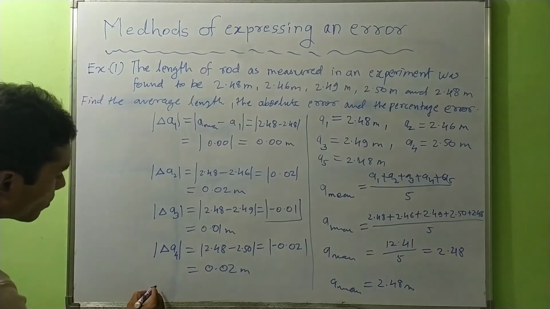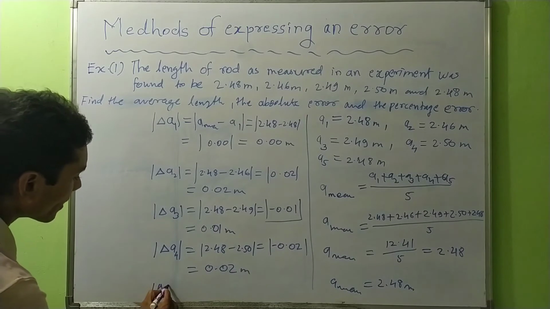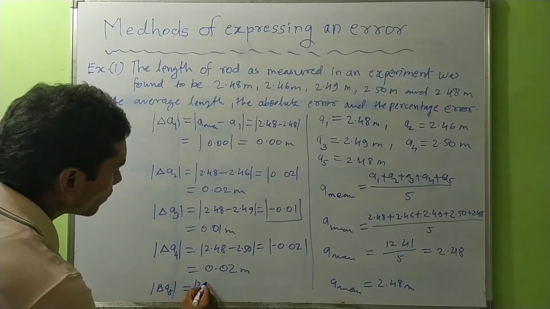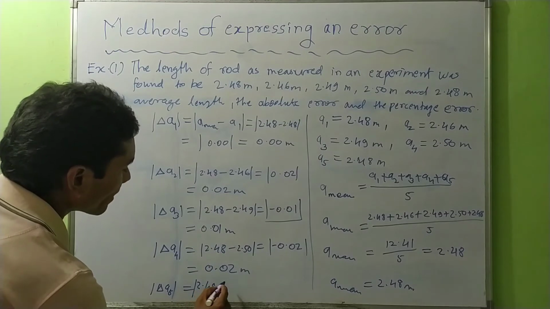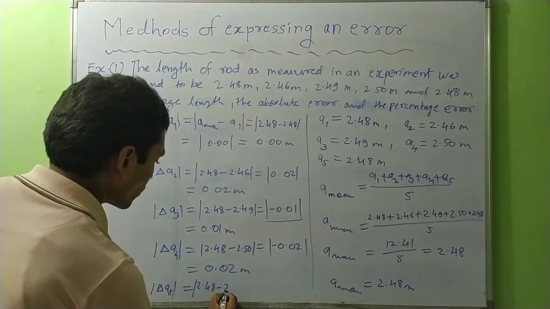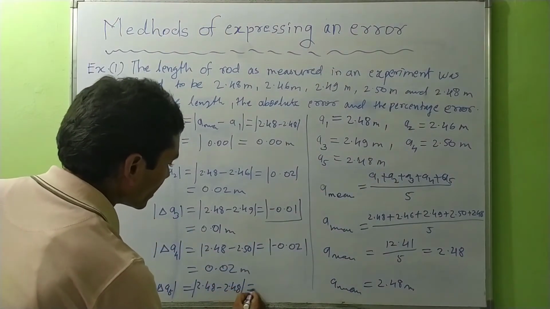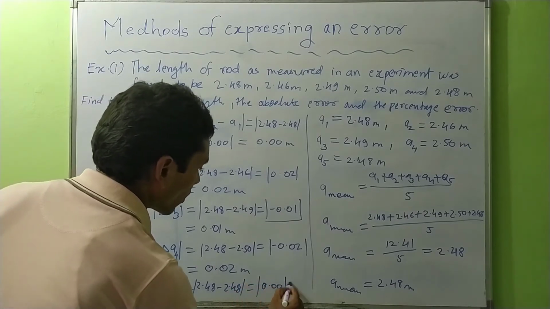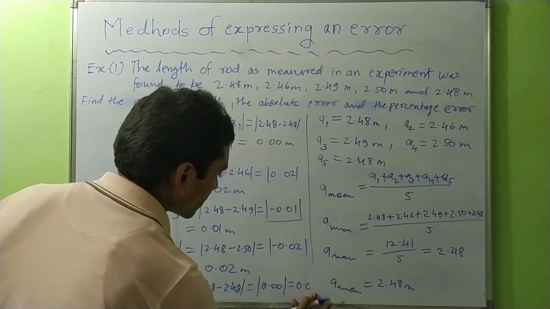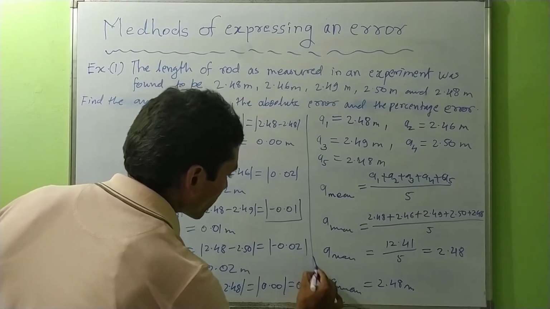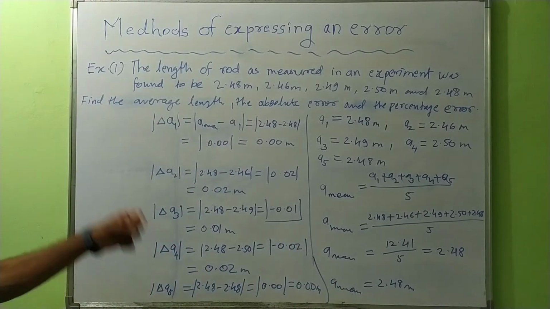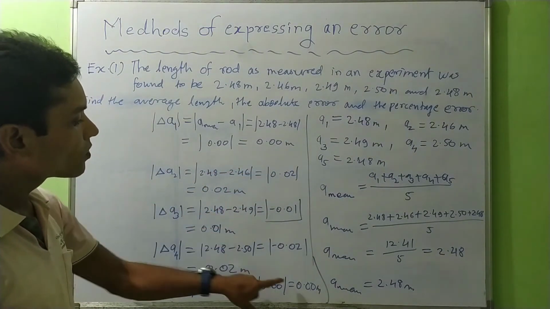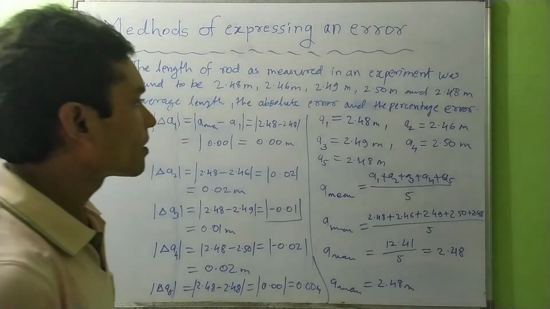And the fifth absolute error will be del A5, equal to 2.48 minus the fifth reading 2.48, which is 0.00 meter. These are the absolute errors of each reading.